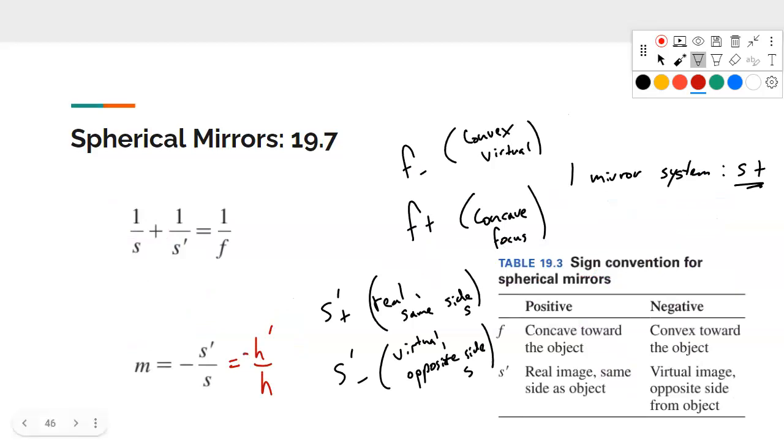And I guess we should put a negative sign here just to make clear that this is negative in the case of an inverted image. And the fact that it's related to the object and image lengths is just, like I said, a product of the fact that there's one triangle for the object height and the object length, and one triangle for the image height and the image length, and that these two have the same angles, just differently scaled.